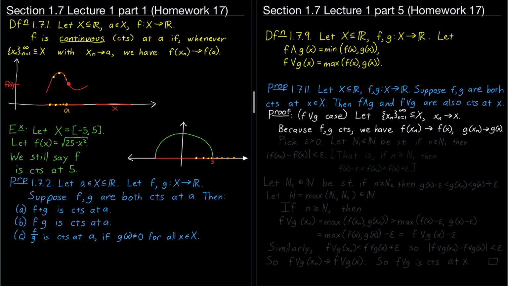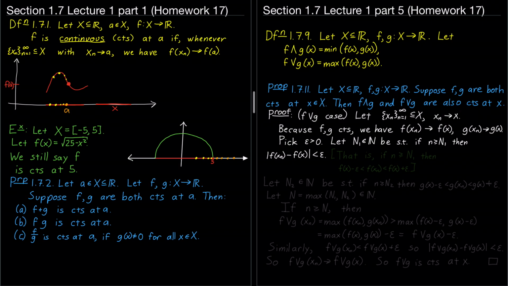All right, now what we're going to do is we're going to direct our reader to pick a positive epsilon. And we're going to let N1 be a natural number such that if little n is bigger than N1, then the absolute value of f of x_n minus f of x is less than epsilon.